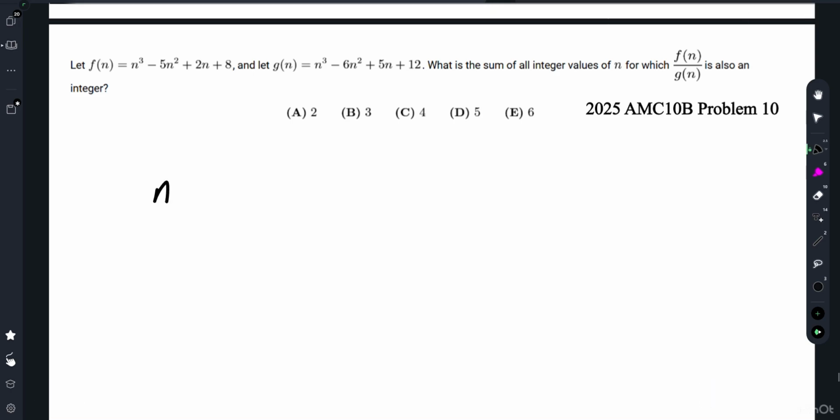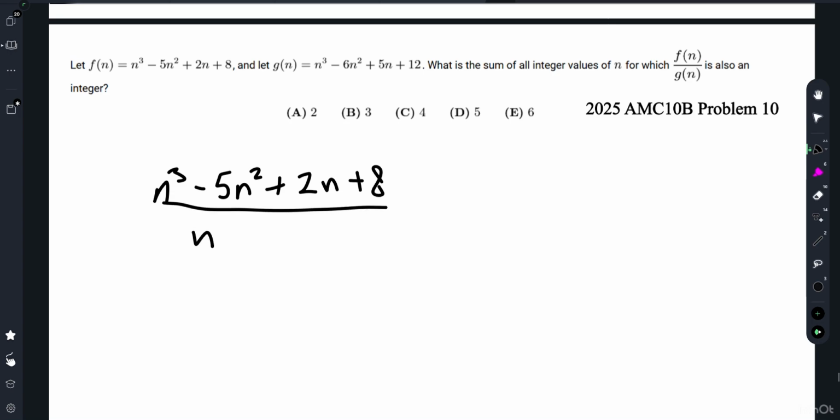We have n cubed minus 5n squared plus 2n plus 8 over n cubed minus 6n squared plus 5n plus 12. So that's what we're trying to find, and we want integer values that will make this work.